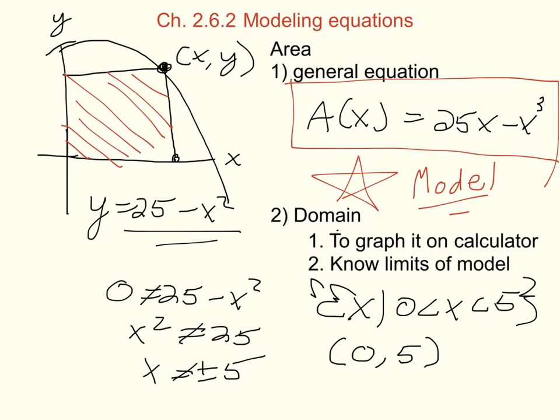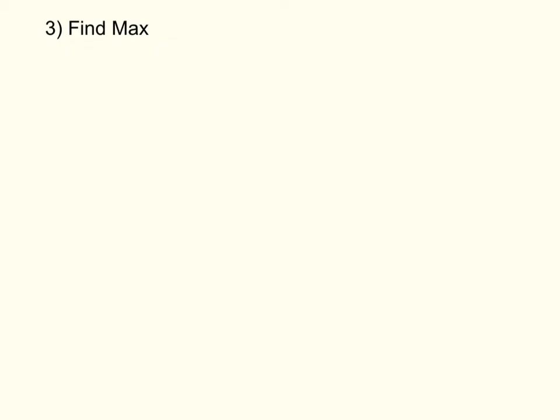You can just say the domain is from 0 to 5 with parentheses, and the parentheses mean non-inclusive, so it can't be 0 or 5. And so that's it for domain. Any values in between 0 and 5, not including 0 or 5, will give you a positive area for this problem. The next problem, the last problem, would probably ask you to find the maximum value.